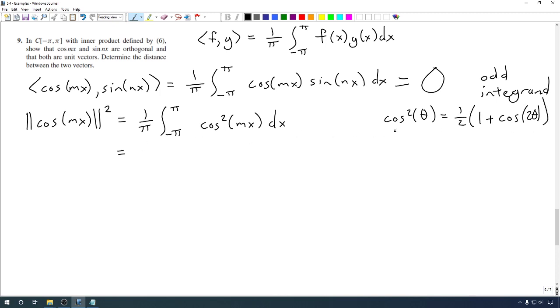That's our power reduction formula, I think we called it. So we're going to have a 1/2. I'm just going to pull the 1/2 out of the integral, so we have 1 over 2 pi out in front instead of 1 over pi. Still integrating from negative pi to pi, but now we're integrating 1 plus cosine of 2 times what we originally had in here. So instead of theta, we had mx, so we'll have a 2mx.